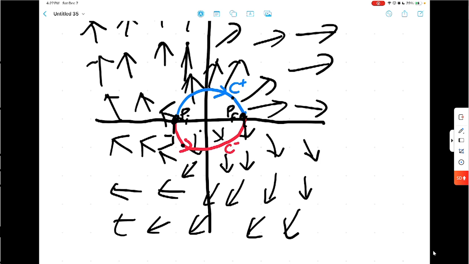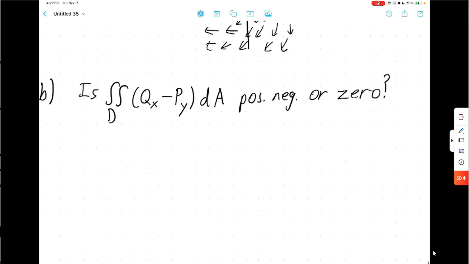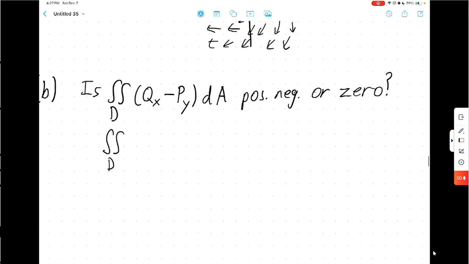So this point and this point, which are effectively like pi over 4 and 5 pi over 4, are going to be negatives. These two are going to be negative of each other, and so on. So equals 0.